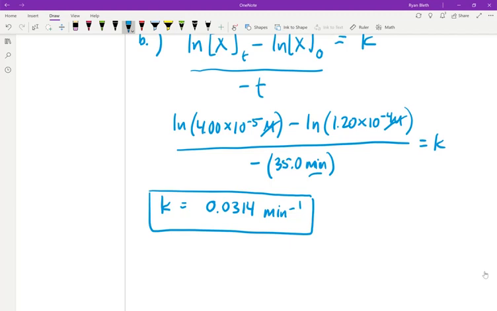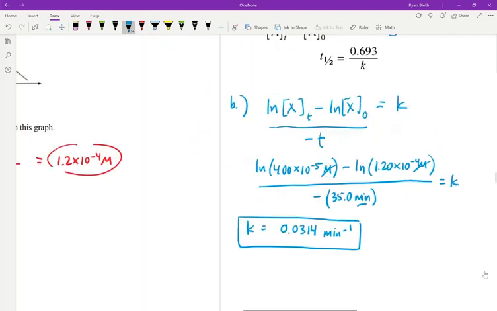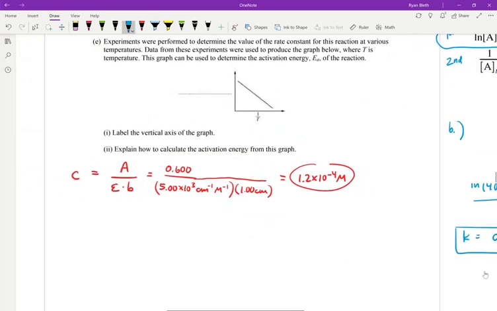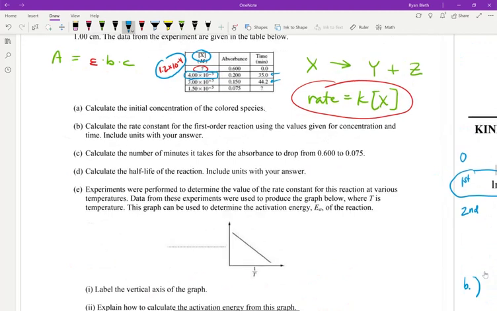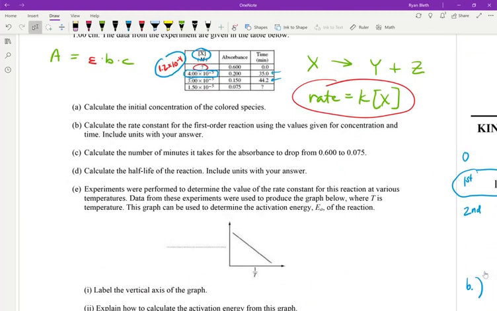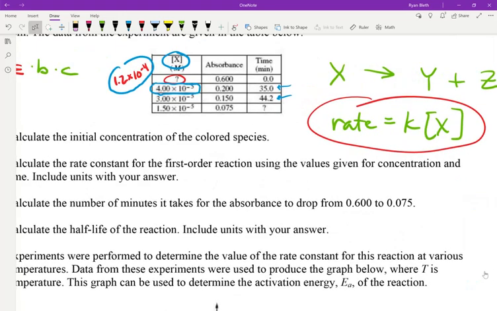All right. For C, let's jump over here and take a look at C. They want us to figure out the number of minutes it takes for the absorbance to drop from 0.600 to 0.0075. So in a sense, they're asking us to fill in that question mark value that's missing in our data table.